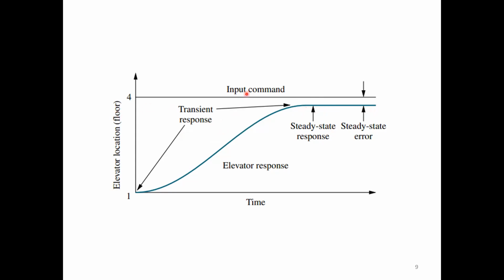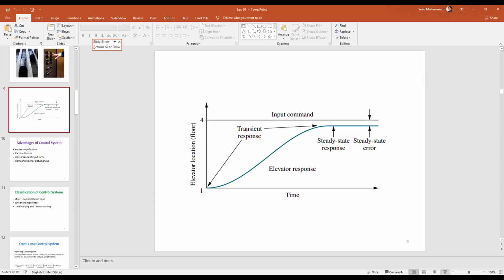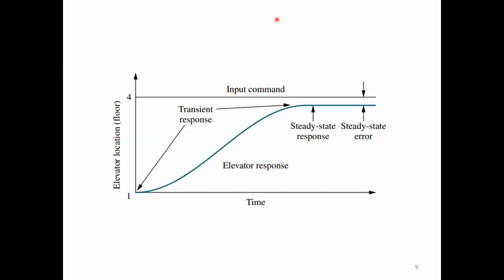Then the difference between the input command and the steady state response is known as the steady state error. Here this gap is the steady state error.